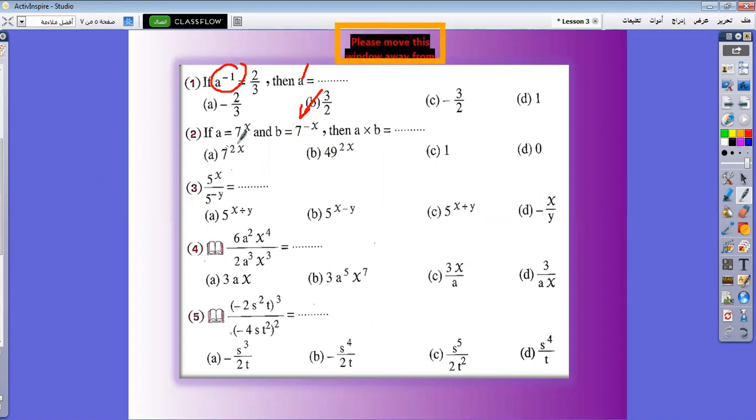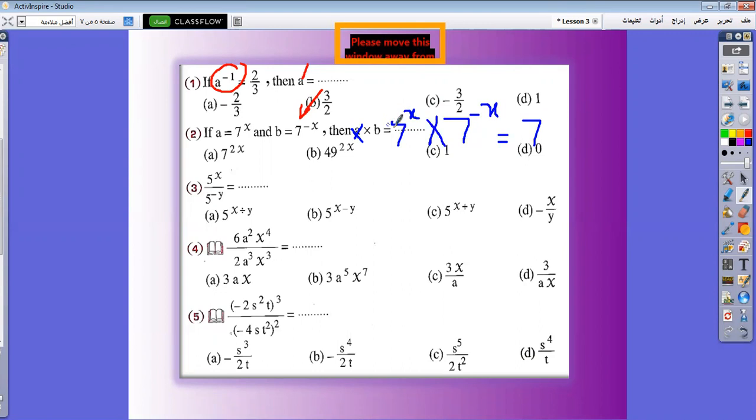Question number 2, if a equals 7 power x and b equals 7 power negative x, then a multiplying by b equals what? First we start by substituting the values. So you have a equals 7 power x, multiplying by b equals 7 power negative x. Do the operation first: 7 and 7, so it will be 7.